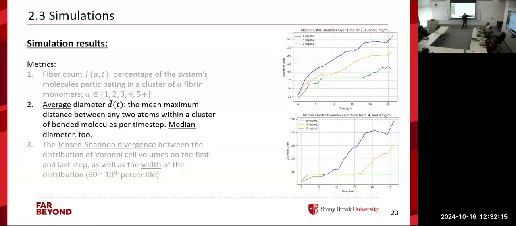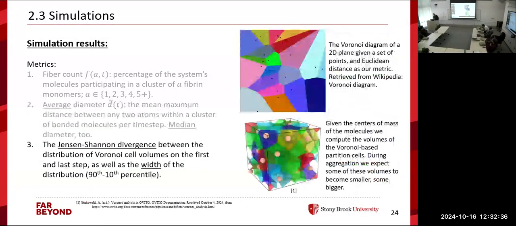The median diameter stays flat here. Why? Because a lot of the molecules are not even clustered at 2 milligrams per milliliter, at least at 25 microseconds. 45 nanometers is the typical size of the molecule anyway. So that's the median diameter. Now another final metric.